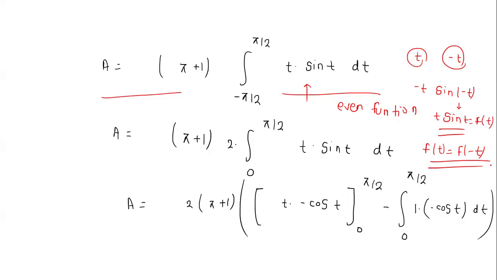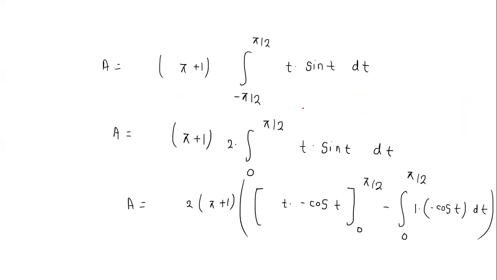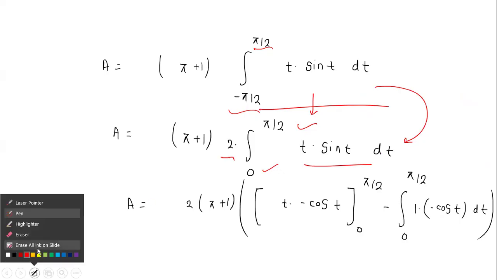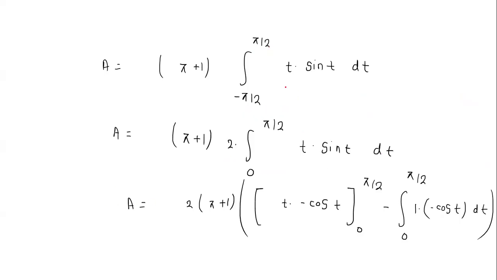So this is an even function. For an even function, the limits are from minus pi by 2 to pi by 2, so you can write this as 2 times the integral from 0 to pi by 2. This is an even function, that's why we can write it this way. Now you can do the integration by parts.